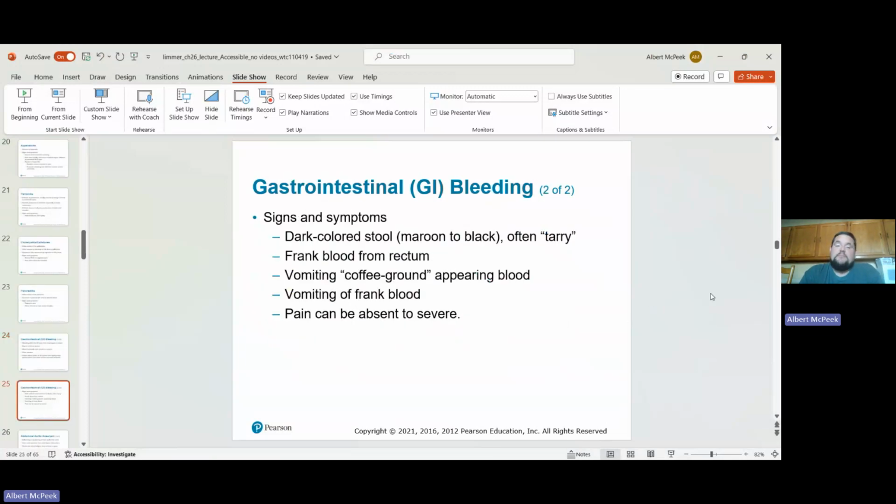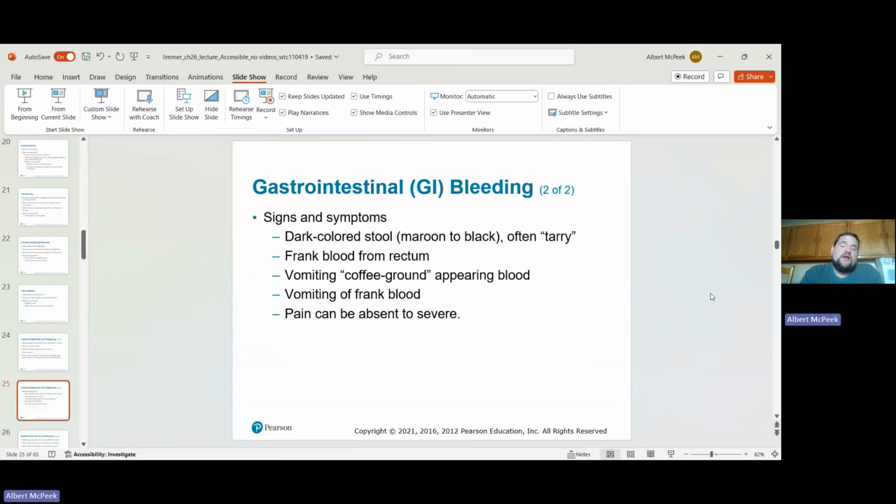Signs and symptoms of GI bleeding: dark colored stool. Some people talk about tarry stools. So if the feces is dark and tarry, then you've got a symptom or a sign of GI bleeding. Frank blood from the rectum.